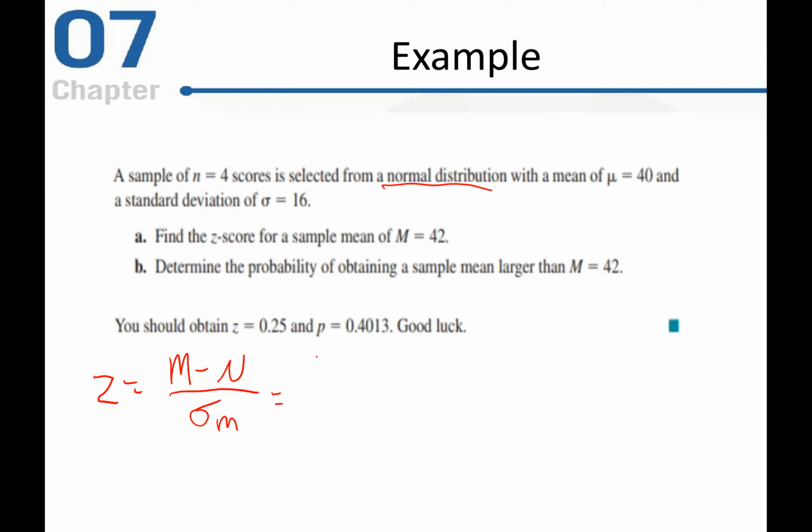And so we have the sample mean, 42, minus the population mean of 40, divided by the standard error of the mean. Well, we don't have that yet, so we're going to have to calculate it. The standard error of the mean is going to equal the standard deviation over the square root of the sample size. The standard deviation is 16.